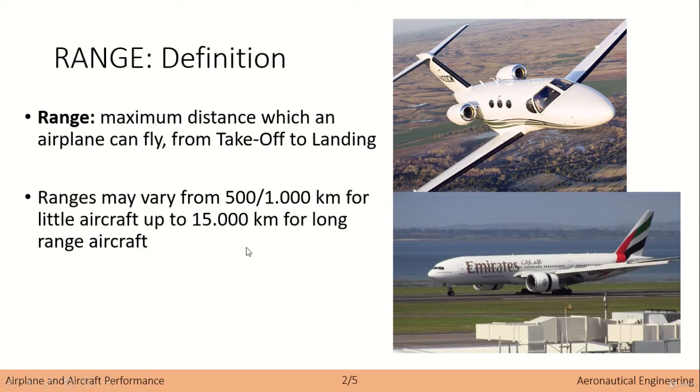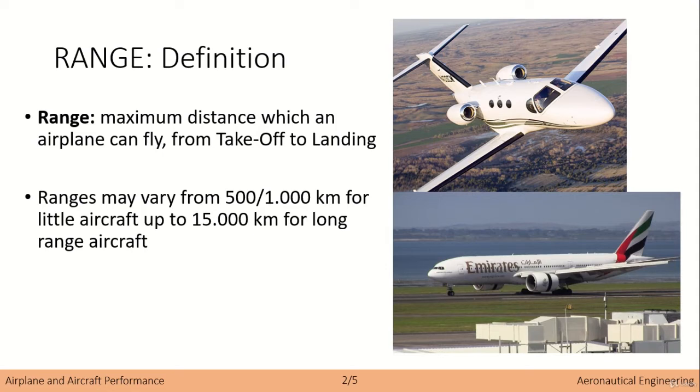Range is simply defined as the maximum distance which an aircraft can actually fly from one point to another, from takeoff to landing. So range is a distance, and ranges may vary depending on the aircraft and the design of the aircraft, from 500 to 1000 kilometers for little aircraft, up to 15,000 kilometers for very long range aircraft.